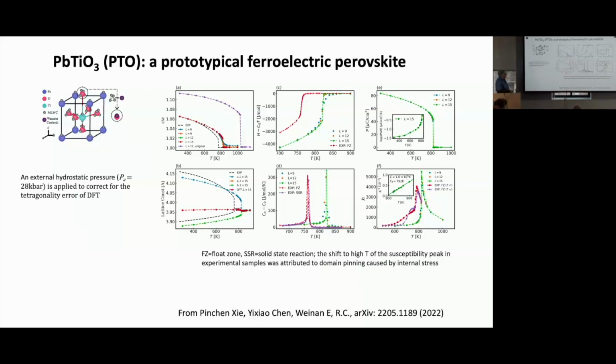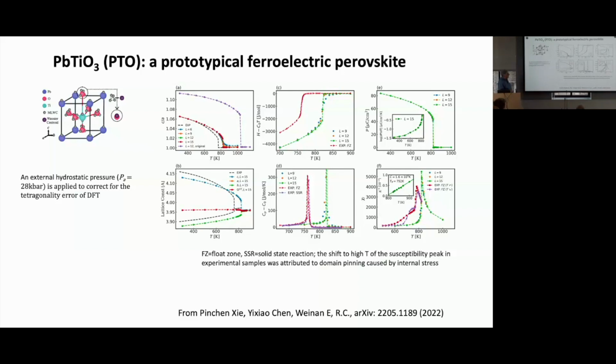In experiment, there are some large uncertainties due to defects in the experimental sample, but the value that we get is within the range of the experimental values. And we can see here how the lattice constant behaves, and we can also compute the heat capacity.